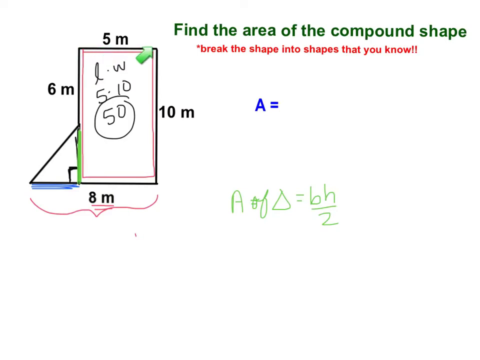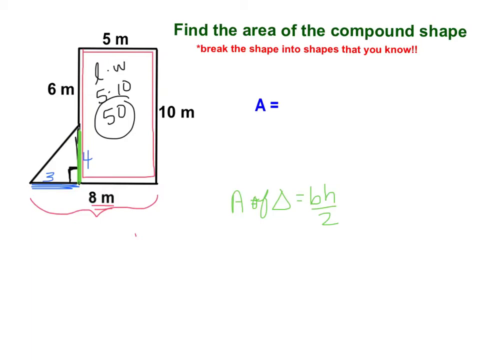So if this is 5 here, that means this section has to be 3. So my base is actually 3. Now let's go ahead and look at the other parallel sides. This side here is 10, and just this little section here is 6. Well, 6 plus this number has to be 10, and you're right, that number is 4.